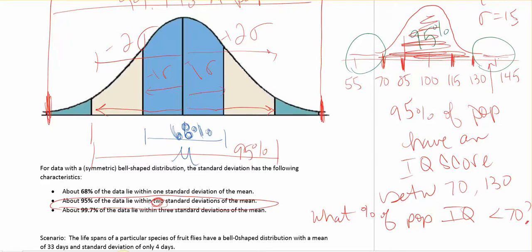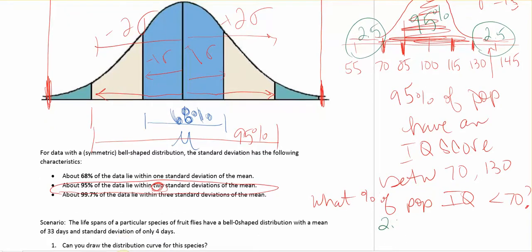Well, it's symmetrical, so half go here and half go here. So only 2.5% of the population has an IQ of less than 70. That's a very small percentage, and because of that, that's why we label them as special needs. It's not a usual thing. And on the flip side, this upper end, those are our gifted and talented kiddos. I also think they are special needs, just going to say that.